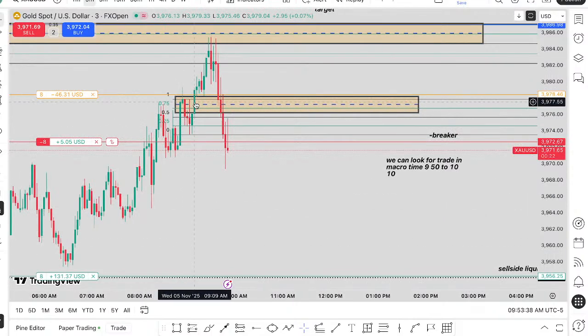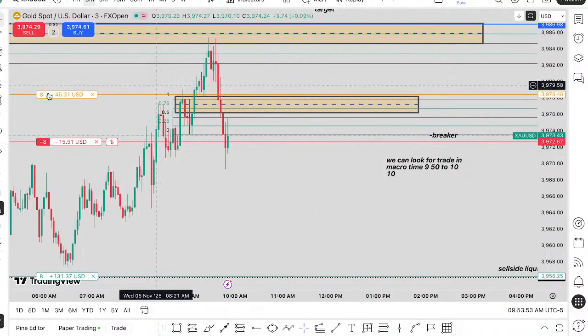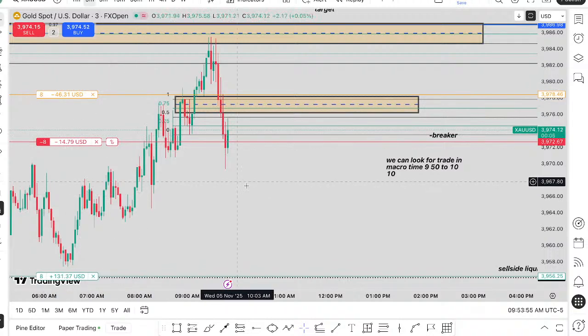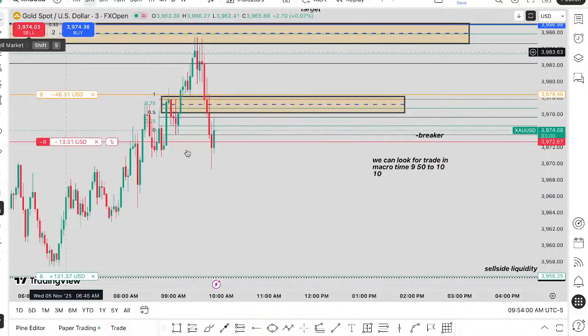So we're taking these two, almost we can take three, but we have two arrays, the breaker block and this inversion, so we can safely keep our stop loss above this level, and price should now keep on going to the downside.